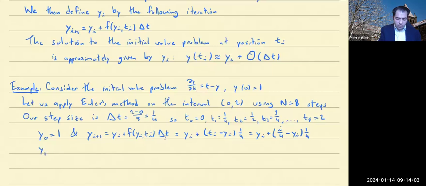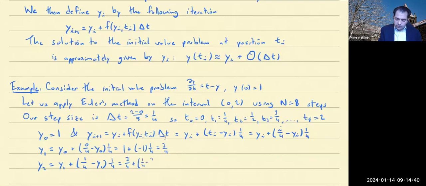Okay, so let's do that. y1 would be y0 plus (0/4 minus y0) times 1/4. So that would be 1 plus (-1) times 1/4, so 3/4. y2 would be y1 plus (1/4 minus y1) times 1/4. But y1 was 3/4, so that's 3/4 plus (1/4 minus 3/4) times 1/4.